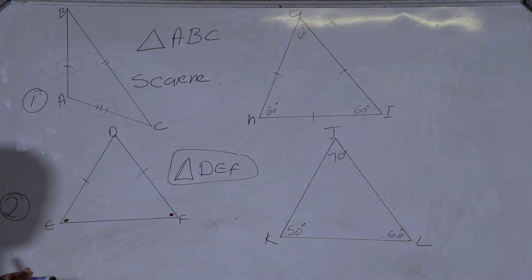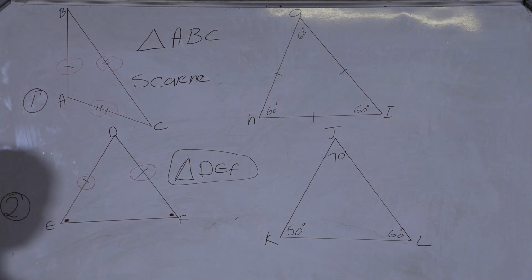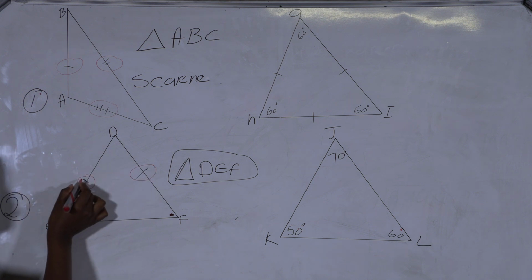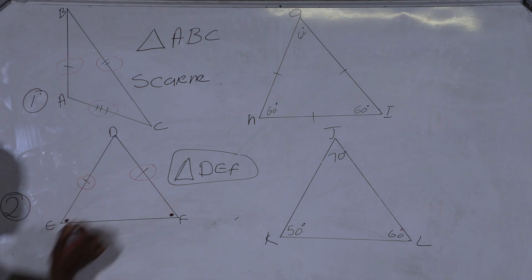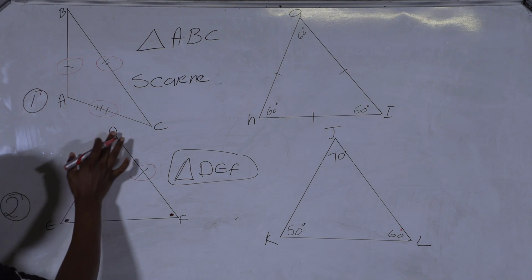Okay, so looking at this triangle, we have got two sides that are equal. How do I know that the sides are equal? There is one stroke on this side and one stroke on that side. That indicates that side DE is equal to side DF.